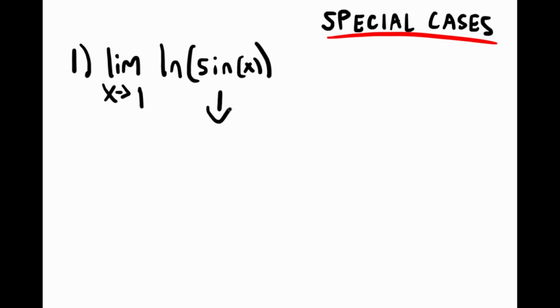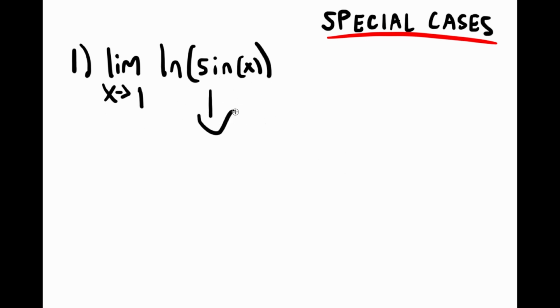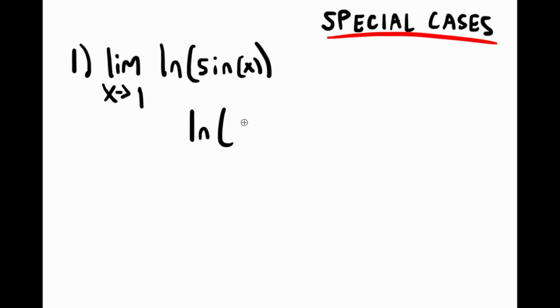Alright, so you might look at this and think, oh wow, this is a lot to do. I gotta find sine of 1, or maybe find a way to multiply it out, but in reality, all you're going to do with this is just plug in 1 immediately. What you're left with is just ln sine of 1.